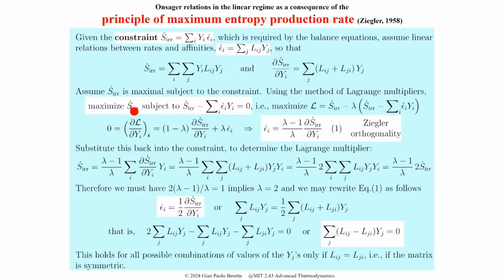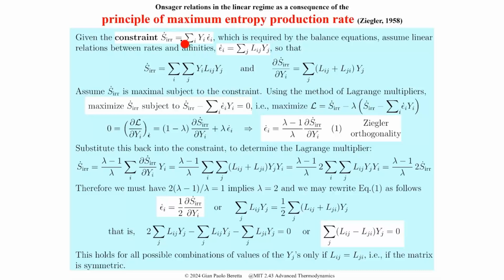Now the method for maximizing is simple. We know it. It's the Lagrange multipliers method. We have only one constraint, which is this one. So in order to take the constrained maximum, you take the unconstrained maximum of your function minus the undetermined Lagrange multiplier multiplied by the constraint, written in the form something is equal to 0.